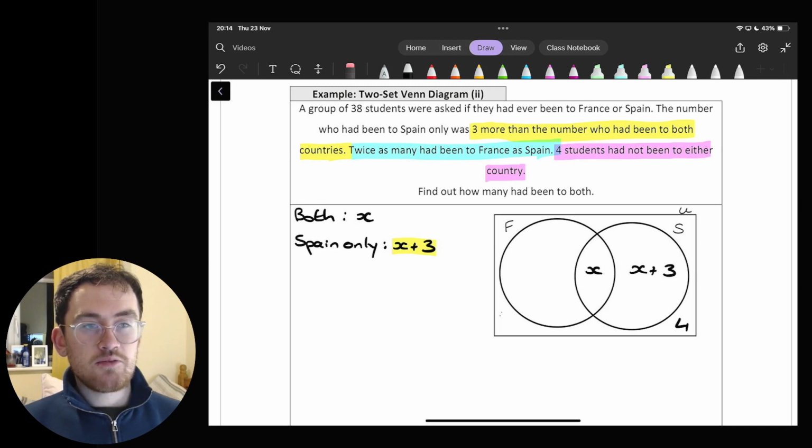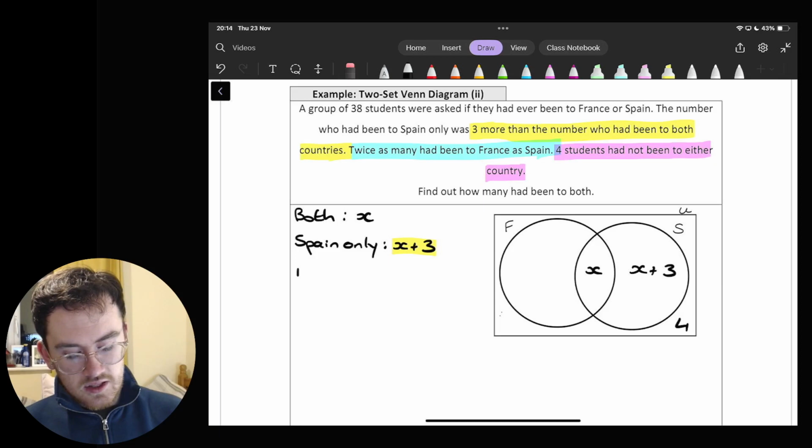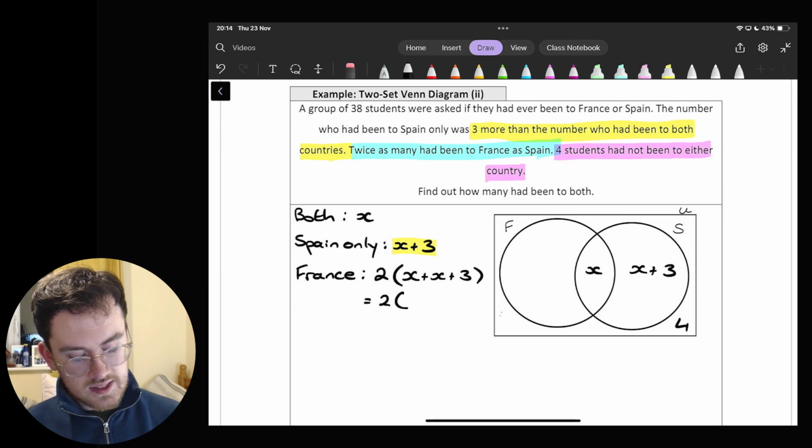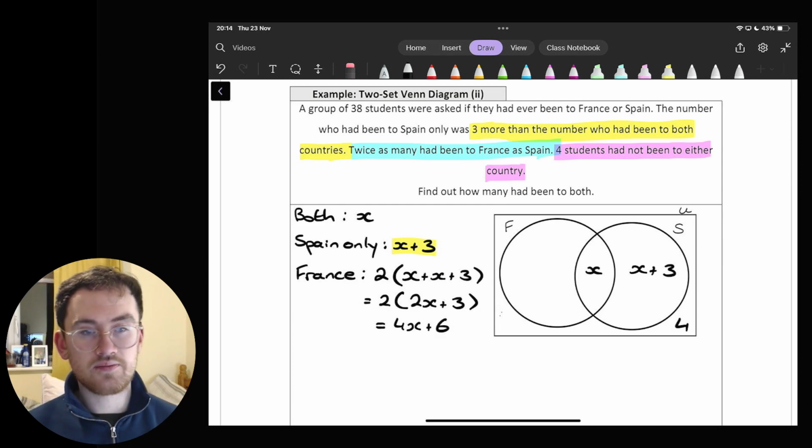Twice as many had been to France as had been to Spain. So let's look at how many had been to France altogether. If we look at how many were in Spain altogether, it'll be the x in the middle plus Spain only, that's 2x plus 3 when doubled, which means France is 4x plus 6.